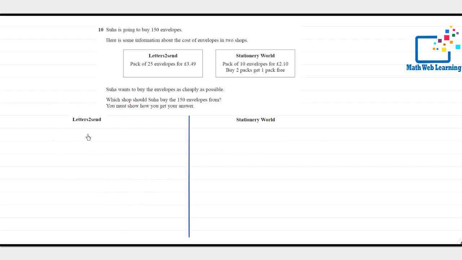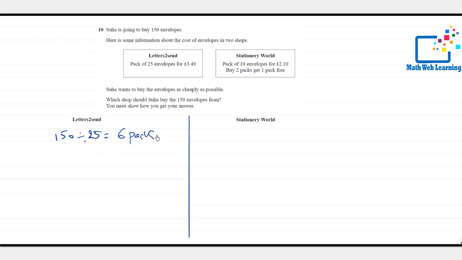Letters to Send says a pack of 25 envelopes for £3.59. Now, if you did a calculation, she wants 150 envelopes, and in this shop a pack contains 25 envelopes. So how many packs does she need to buy? If you did that, she will need 6 packs.